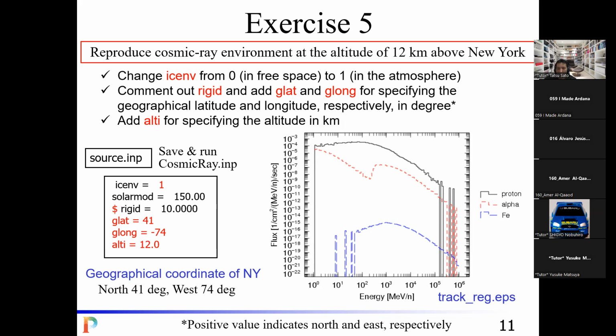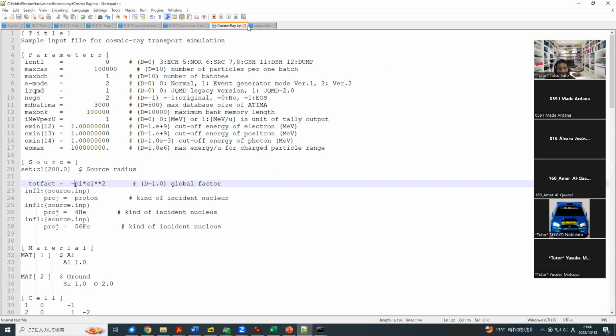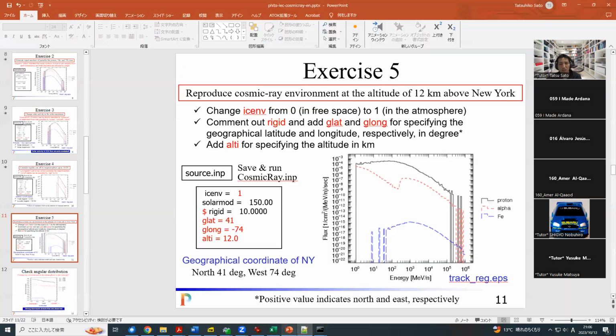Okay, so I would like to show the answer. In source, comment out the rigid parameter and set ICM equal to 1 to make the terrestrial mode. And add these parameters.